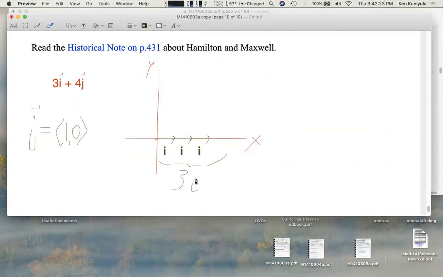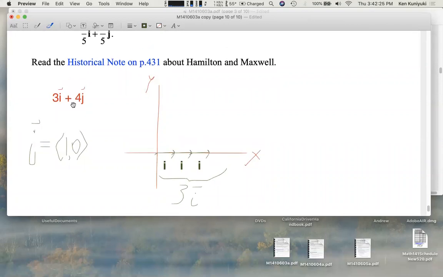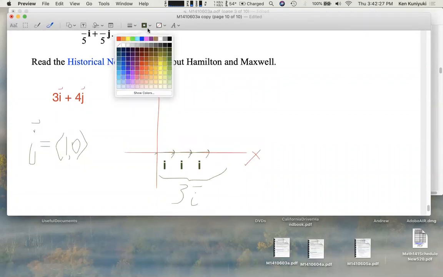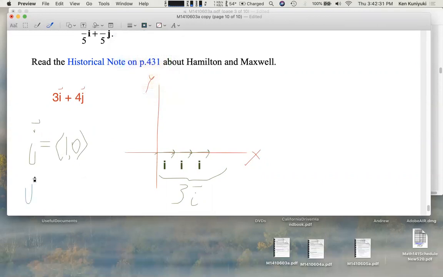How about 4j? I'll put j in turquoise. So here's the vector j. j is the vector 0, 1. Right? So here's j.